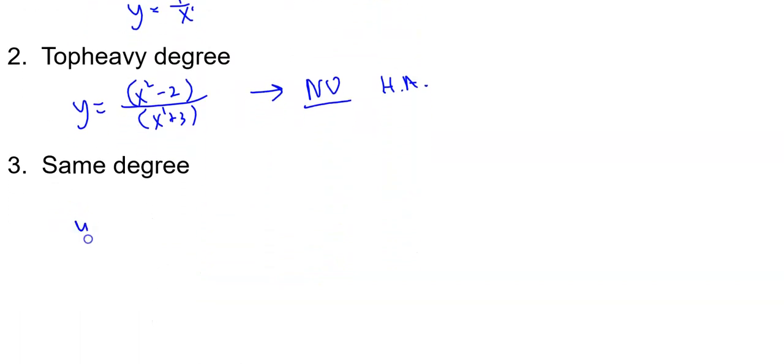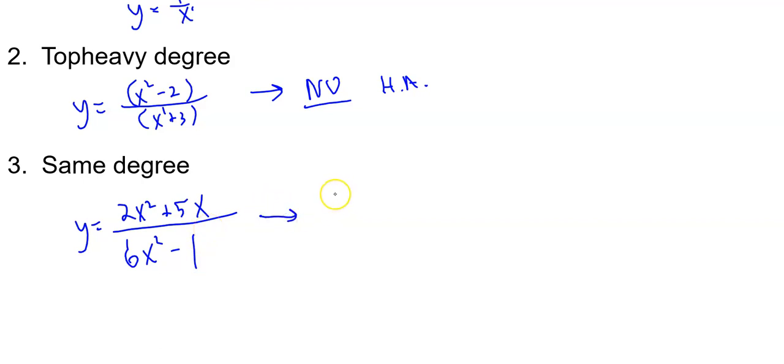Third situation is you have the same degree. So let's say you have something like y equals 2x squared plus 5x over 6x squared minus 1. If this is the case, you do have a ha. For the ha, you divide the lead coefficients.